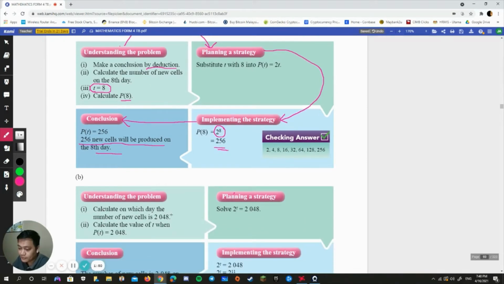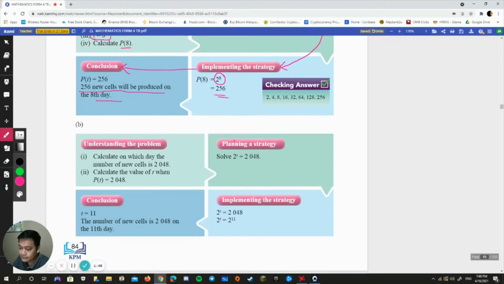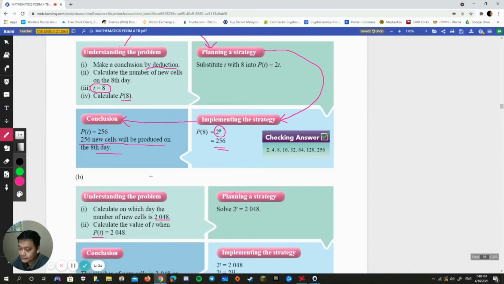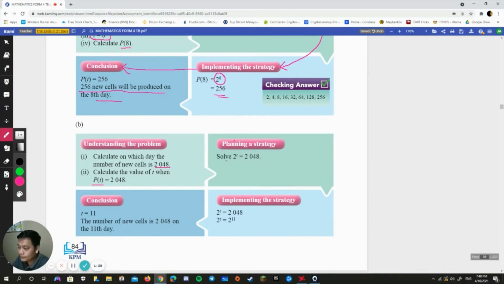You understand the problem first. You calculate on which day the number of new cells is 2048. That means P_t equals 2048, because P represents the number of cells grown, right? Then you solve 2 to the power of t equal 2048.